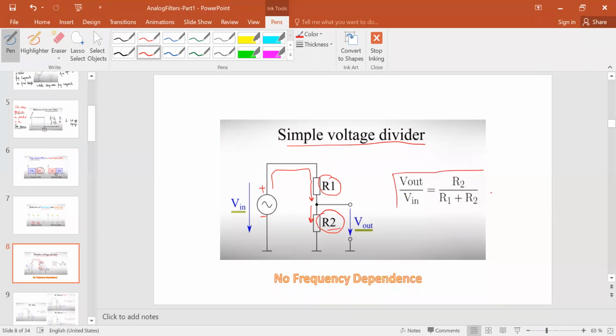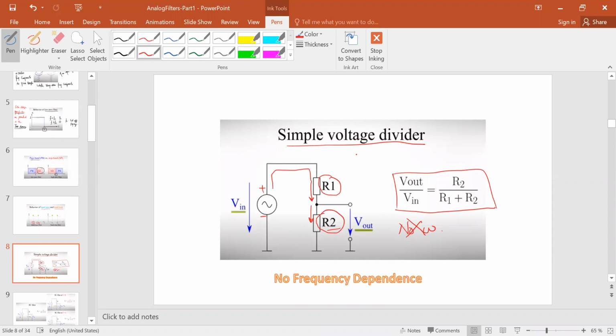This is our voltage divider relationship, and a very important one. But keep in mind, in this particular relationship there is no mention of frequencies, no omega. So it is a voltage divider that will divide the input voltage regardless of the frequency.